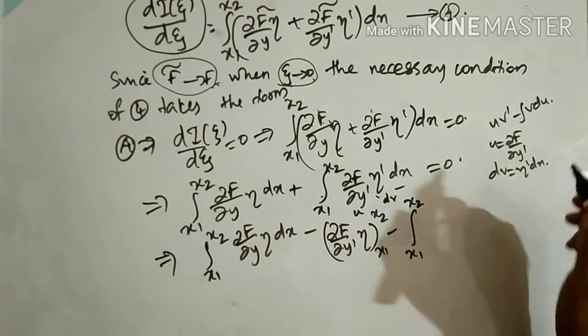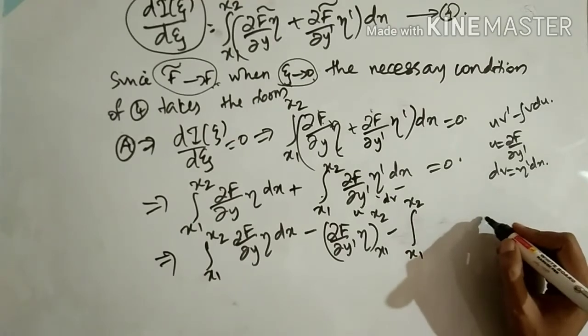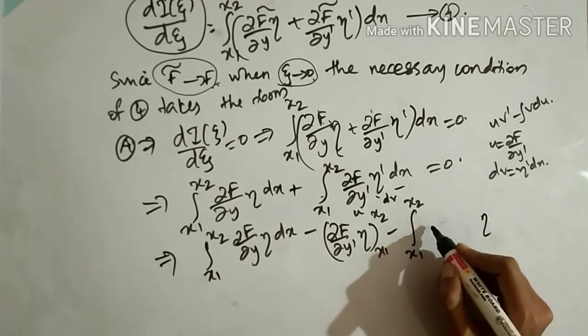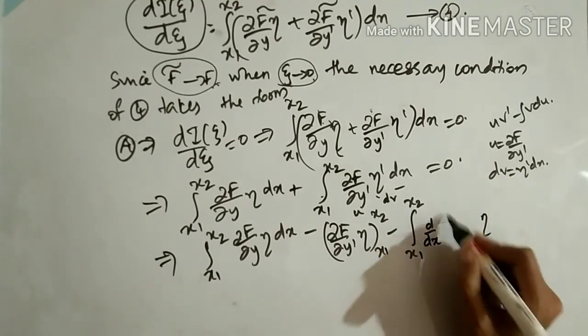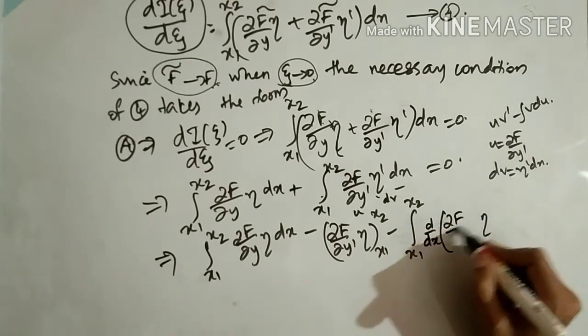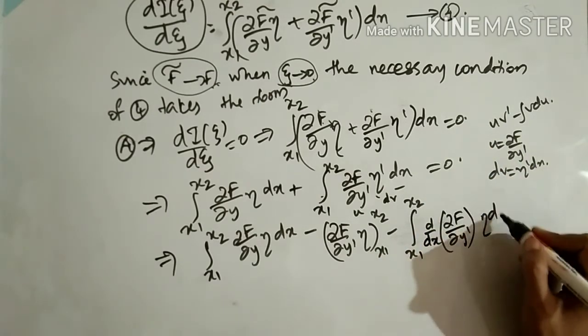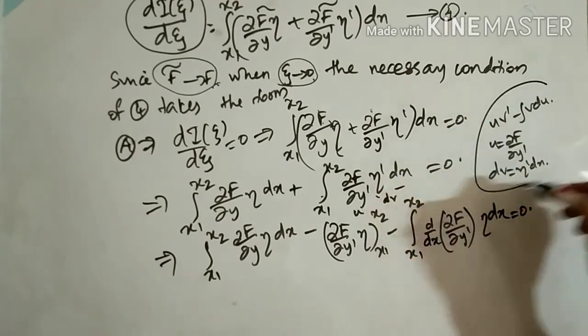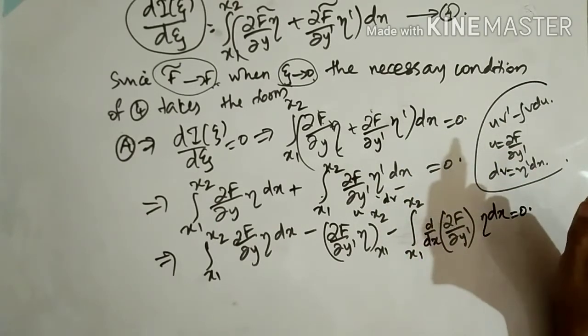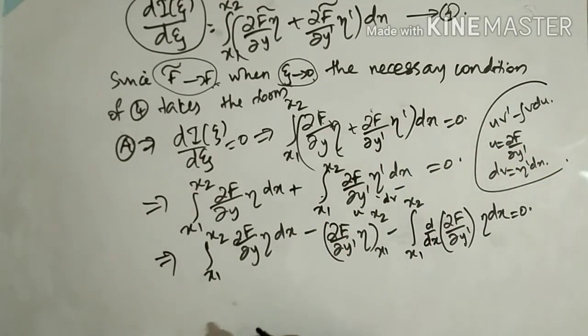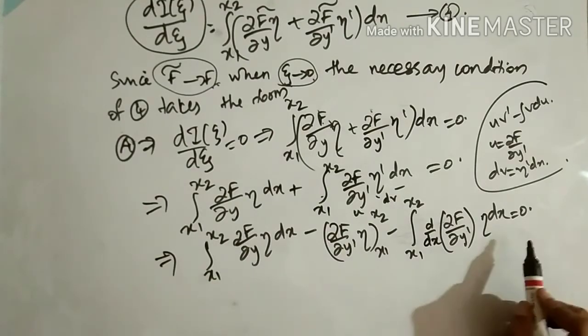So v is here η, and du becomes d by dx of ∂f by ∂y' dx, and that's equal to 0, right? Differentiate with respect to x.